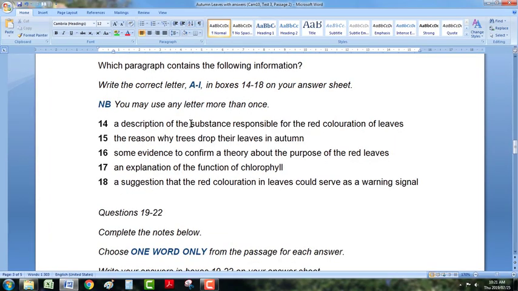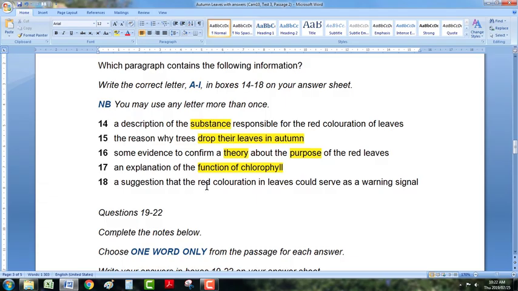Description of the substance definitely. A substance responsible for the red coloration. The reason why trees drop their leaves in autumn. I think all of that. Drop their leaves autumn. Some evidence to confirm a theory about the purpose of the red leaves. Not much there. Maybe purpose, maybe theory. Explanation of the function of chlorophyll, definitely.